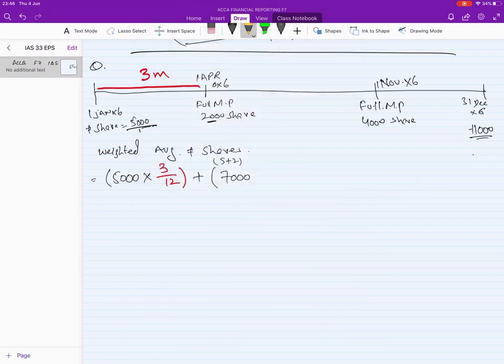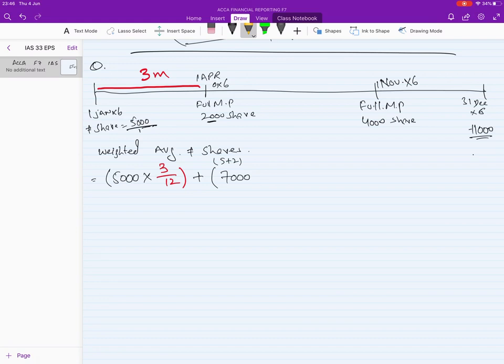I already told you, this is a cash issue at market price. It means you're getting cash, so you can invest the cash on that day, so you have to take the effect from that day only.